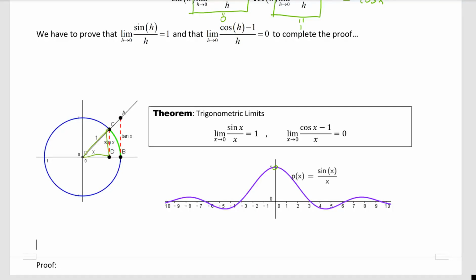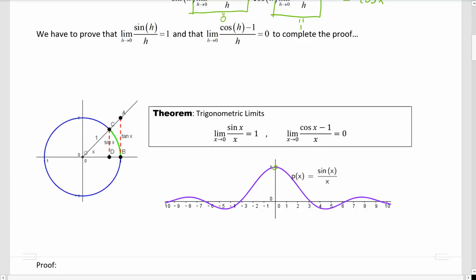What is special about this triangle? Well, you can see OC is 1. We also consider the triangle OAB. What is special about this triangle? Well, you can see OB is 1, because for any point on the unit circle, the distance from the point to the origin is 1.